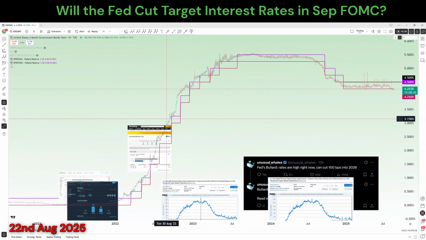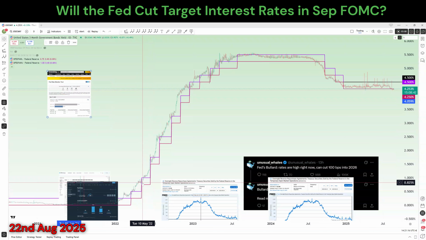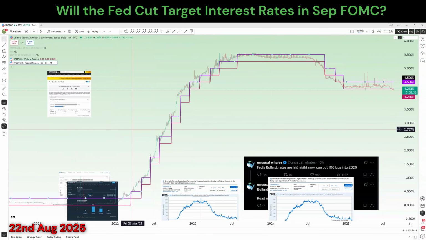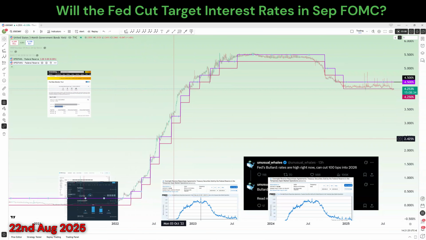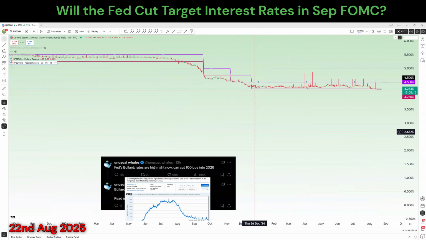You see that the actual change in the target rate always follows these 3 months government bond yields. So it's always to the right of the government bond yield. That is why the Fed is always behind the curve, because only when the yield has already moved will they change the target range. Now, why is this so?